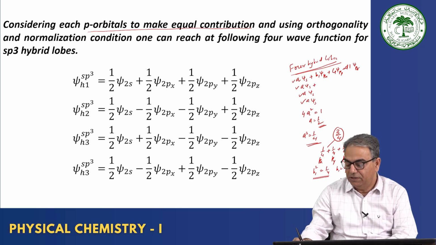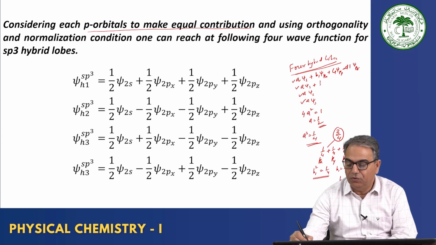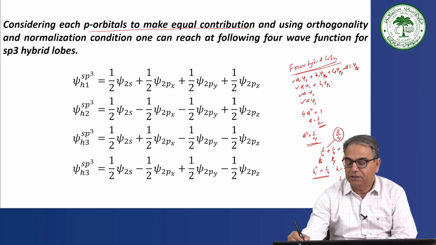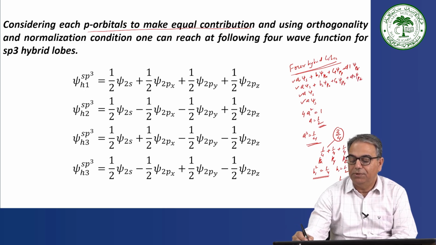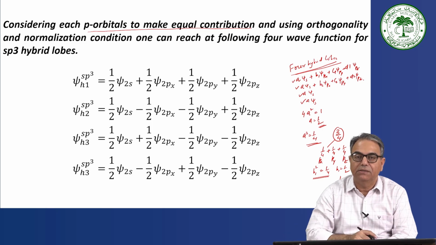So b1 is plus minus 1 by 2. Same way, if you write b2 psi px, c2 psi py plus d2 psi pz, then b2 also will be plus minus and plus minus.